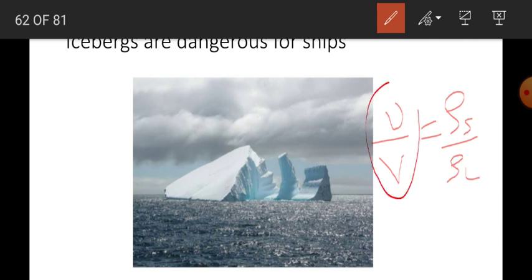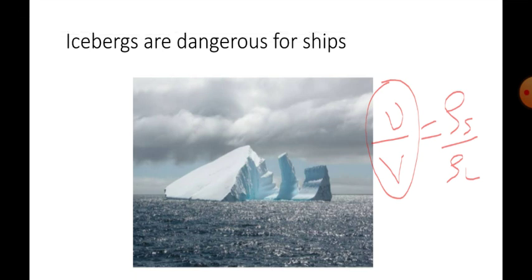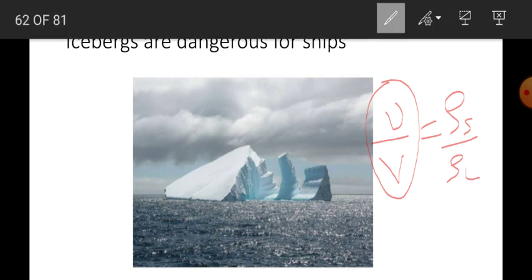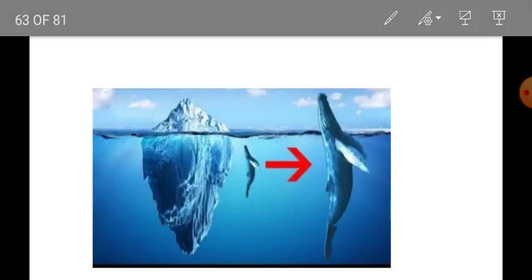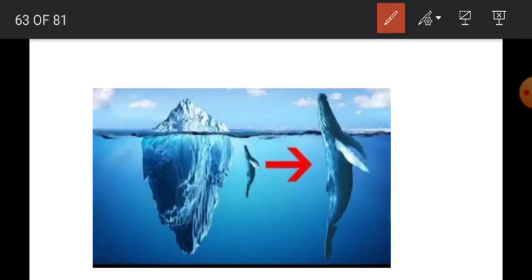This is the ratio of volume for a floating body. This is a picture of an iceberg. So what do we know about an iceberg? We know that approximately 10% is above the water surface and 90% is below the water surface.